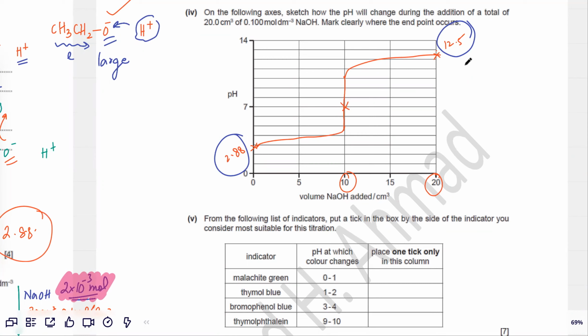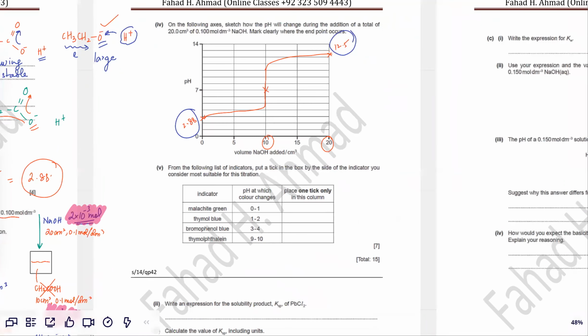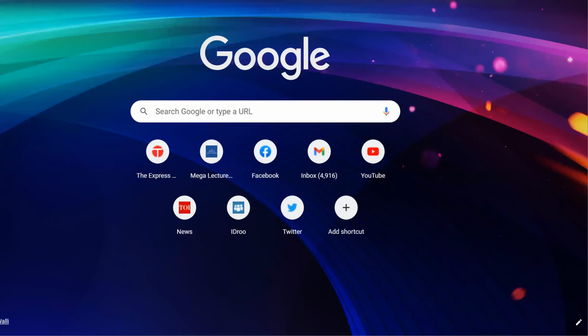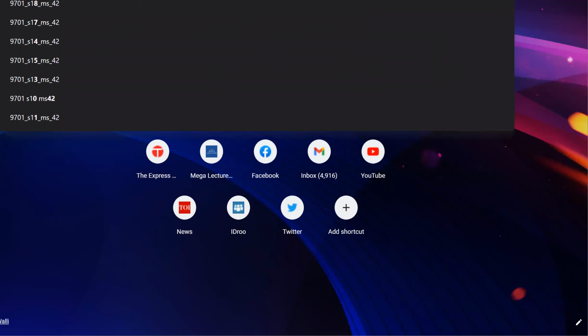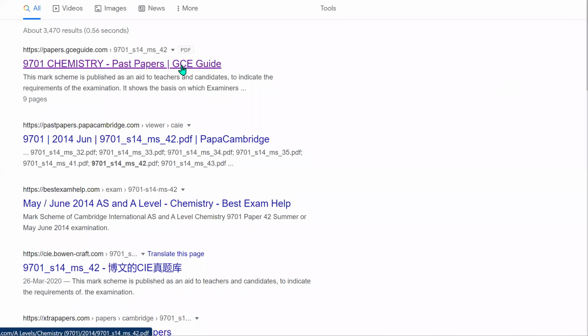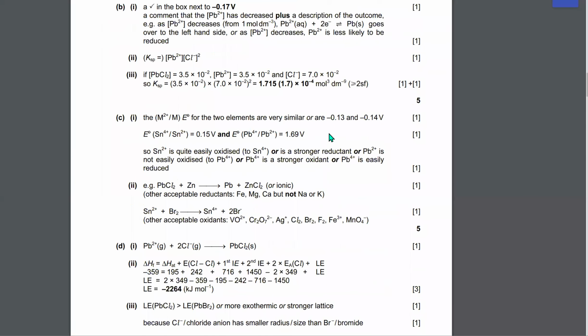We can have a quick comparison of this. It's S14 QP40. Just 1 second. Just to compare the two graphs that we have made.